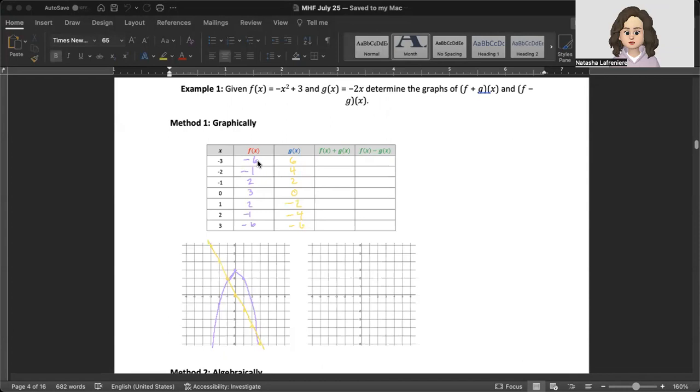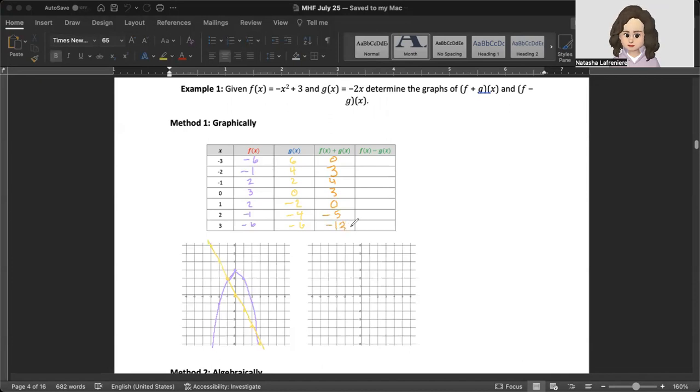So next what you do is you're going to add these two. So that is the sum of f and g. So you'll do -6 plus 6, which is 0. You'll do -1 plus 4, which is 3. 2 plus 2, and so you keep going on like that. And you will regraph that.